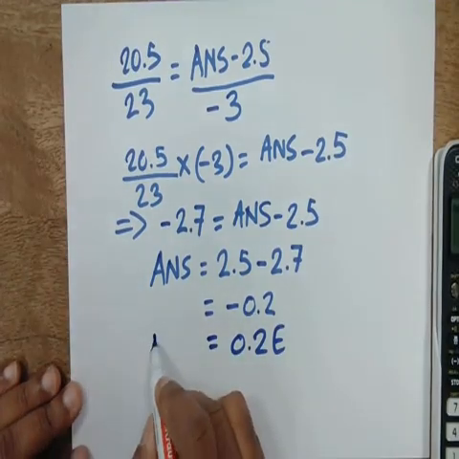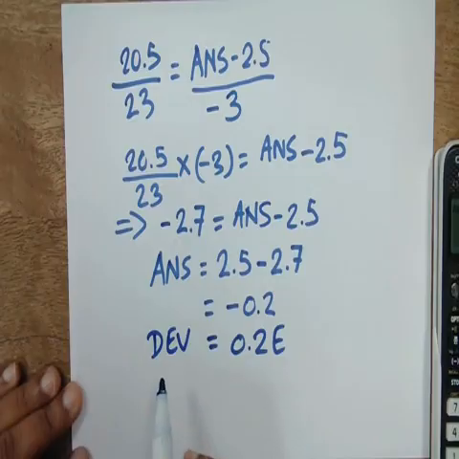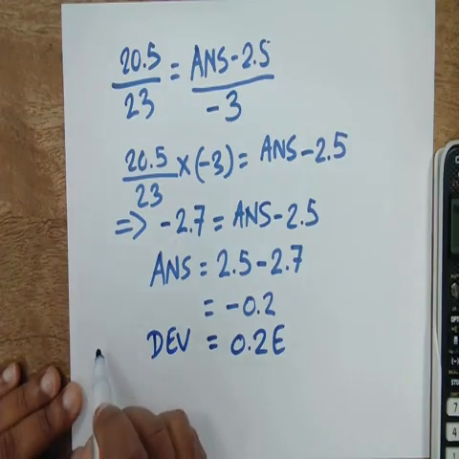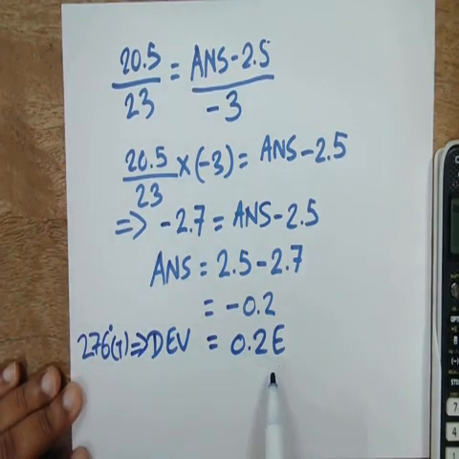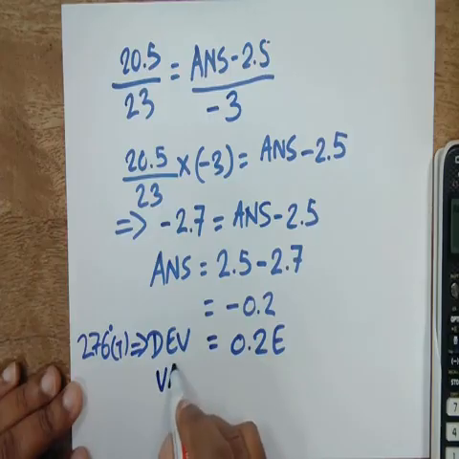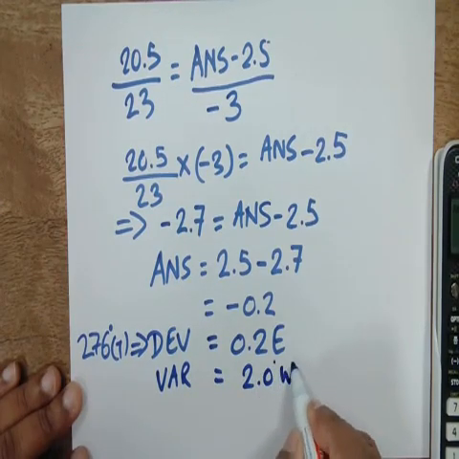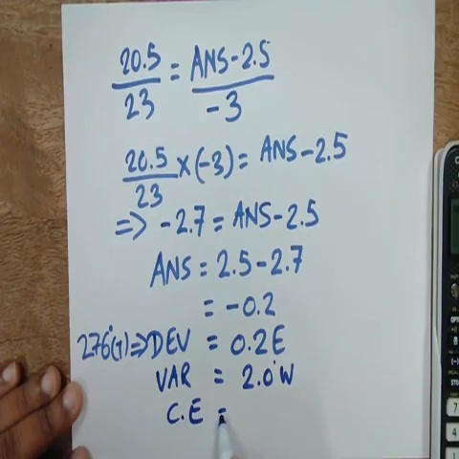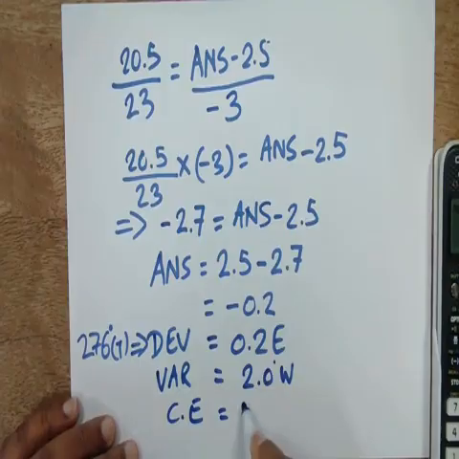So the deviation we can say for 276 degrees true, the deviation is 0.2 east. And we know the variation. So the variation is 2 degrees west. So the compass error is going to be, since the west and east, you can see 1.8 degrees west.